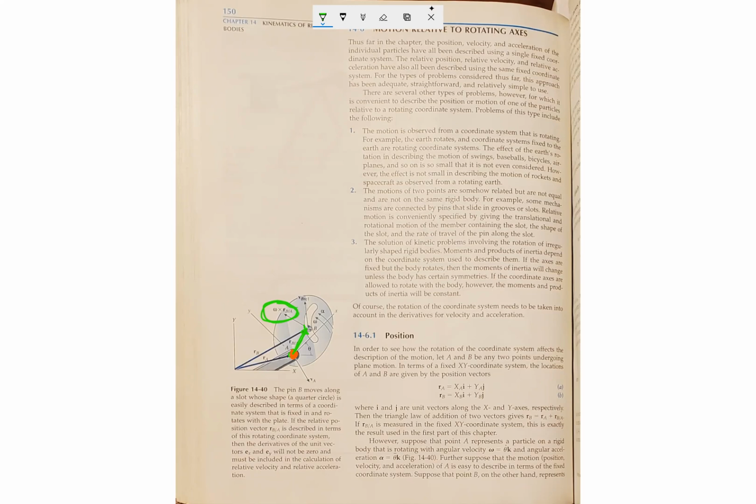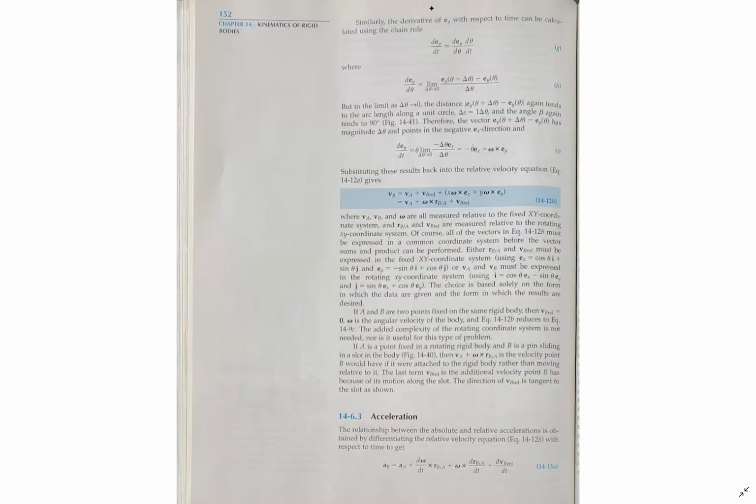And that is the cross product. Then the pin is also moving relative to the rotating object. That is the velocity of b relative. You add those two motions together, and then you're going to get some sort of curvy, weird motion. That's what we are calculating as the new b relative to a term when you have a rotating axis. That is what this new piece is.